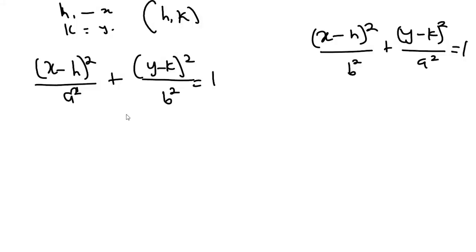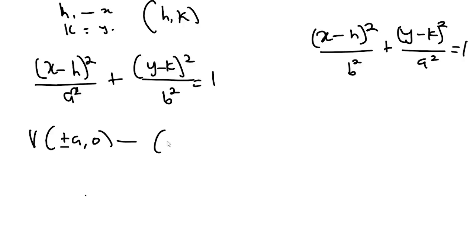Now previously when it stretches horizontally, we have our vertices being plus or minus a, 0. Now at this point it has moved from the center. What are we going to get here?